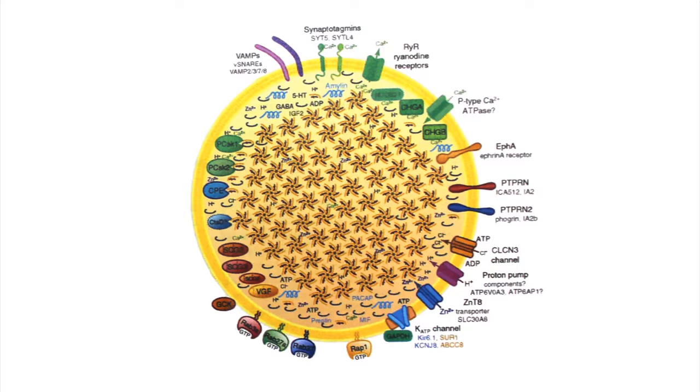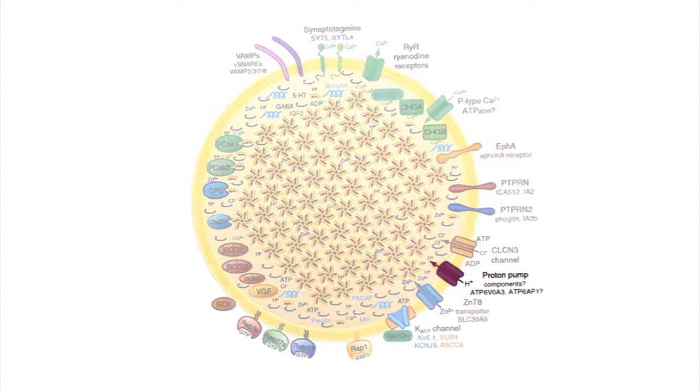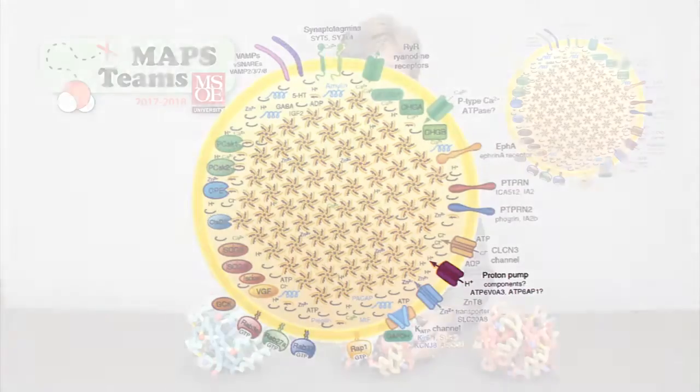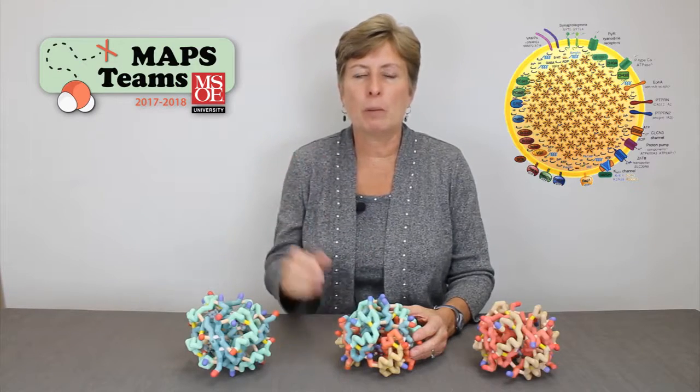One of them is a proton pump, which pumps protons, or hydrogen ions, into the granule. What would you think would be the effect of constant pumping of hydrogen ions into the granule? It lowers the pH. So the pH on the inside is very low, which means it's very acidic.